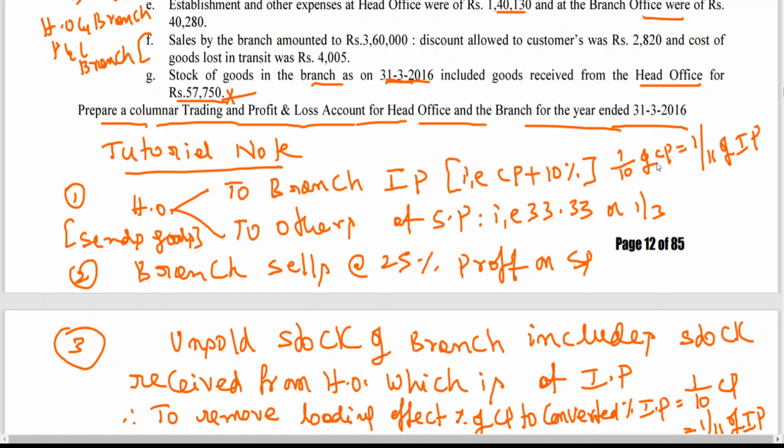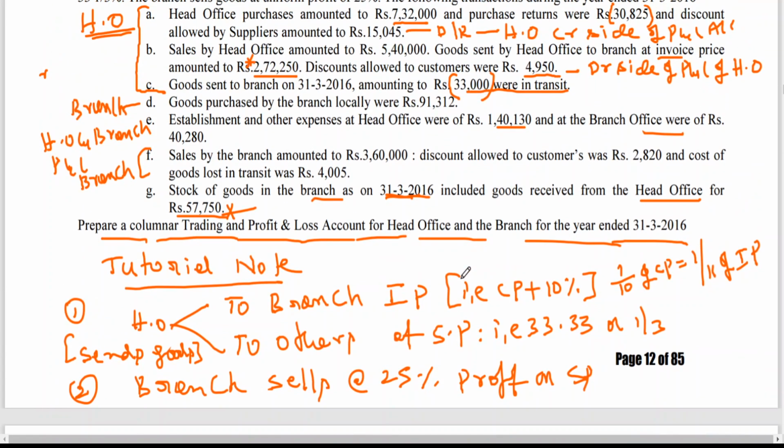Now goods are sent to branch here. Whatever value has been given, head office purchases and purchase returns, this is completed. Sales by head office, this is completed. Goods sent by head office to branch at invoice price. But I got the information of CP. To find out the profit, I have to convert the percentage of CP into percentage of IP.